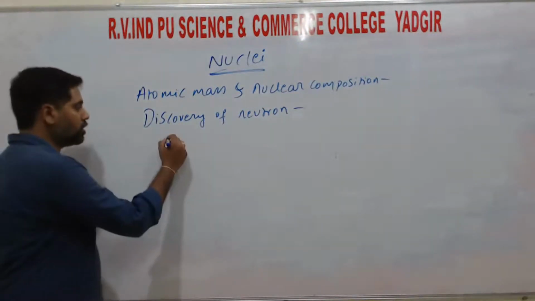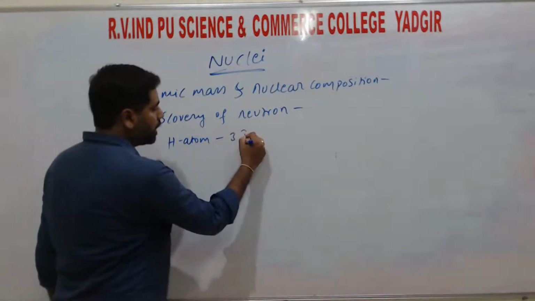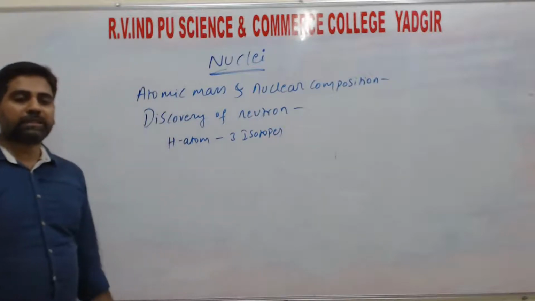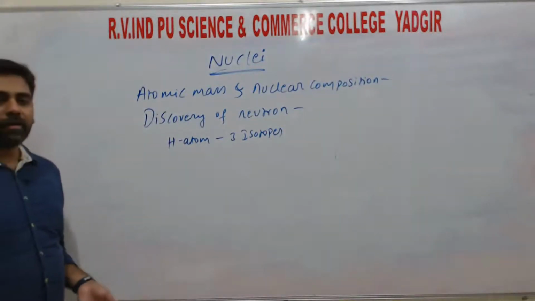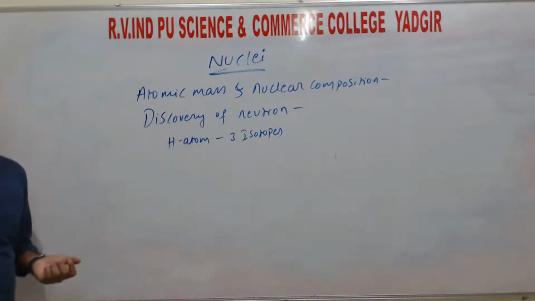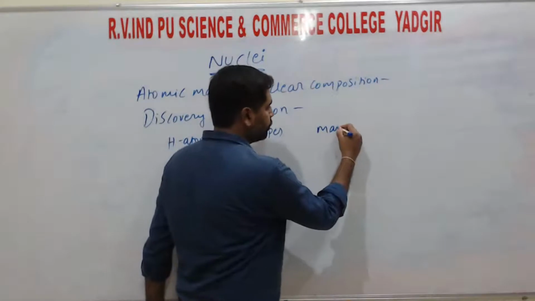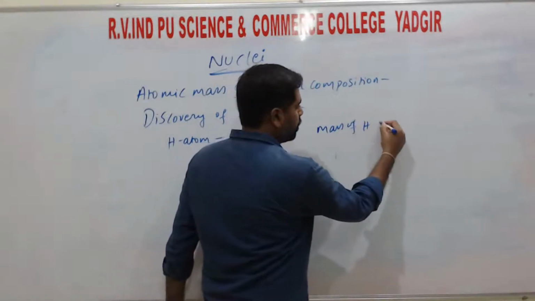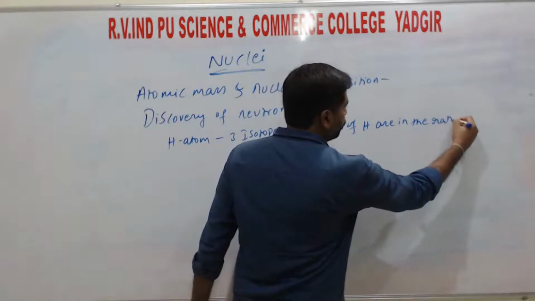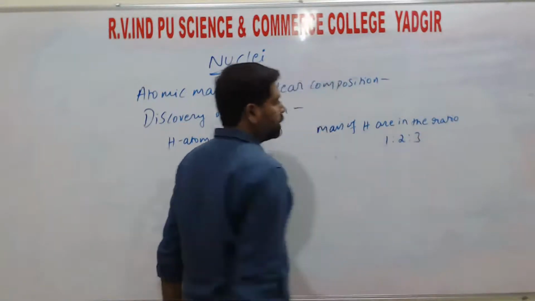In the hydrogen atom we have three isotopes, with three different masses. The first one we take as the proton. The masses of the hydrogen isotopes are in the ratio 1:2:3.